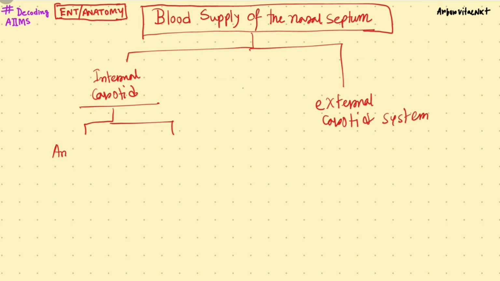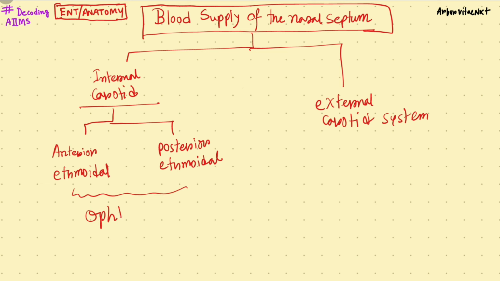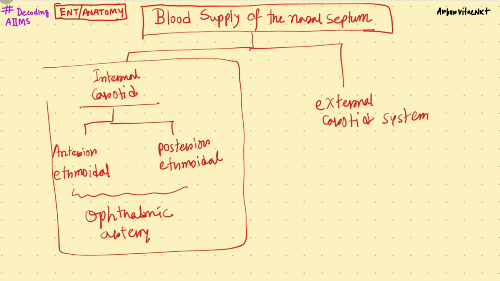One is the anterior ethmoidal artery and the other is the posterior ethmoidal artery. Both are branches of the ophthalmic artery. So basically, they are part of the internal carotid system.